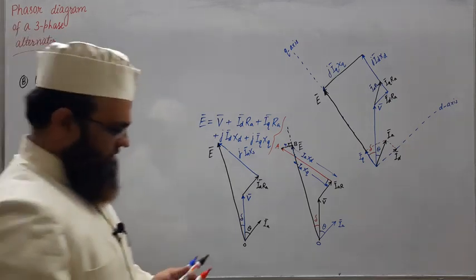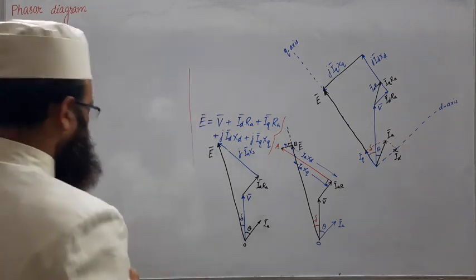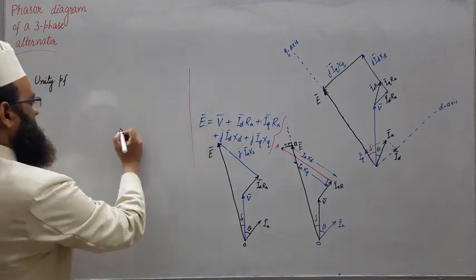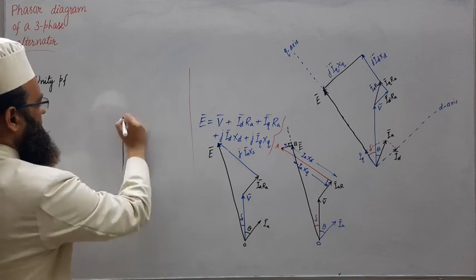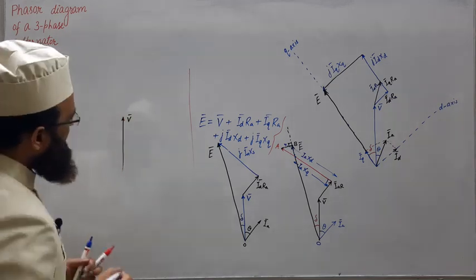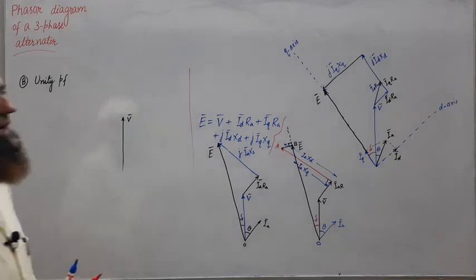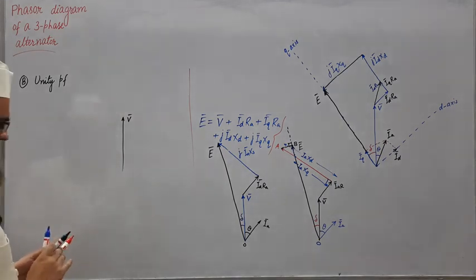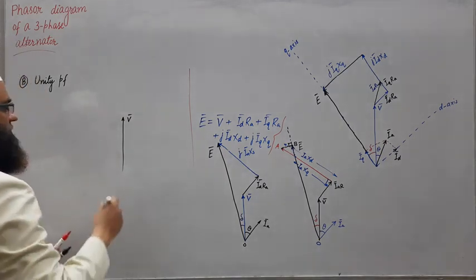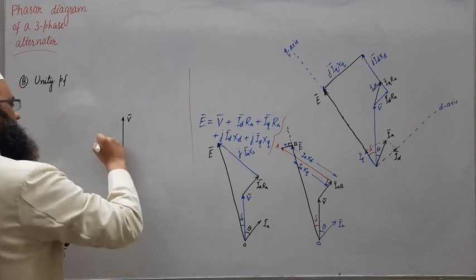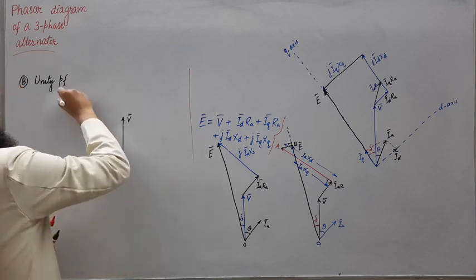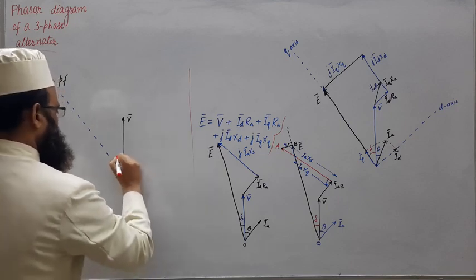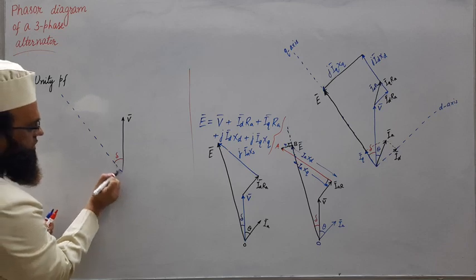For unity power factor, we know that V and I will be drawn along same line. So let us first draw V phasor, and again take the two cases, either delta will be known or unknown. So first take the case when delta is known. So once we have drawn V phasor, we may draw Q axis at an angle of delta if delta is known. If delta is known, then we can draw this.